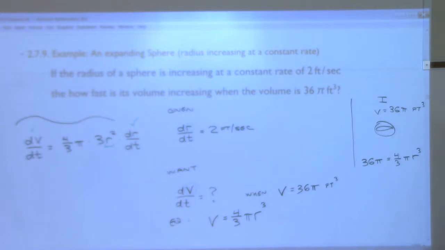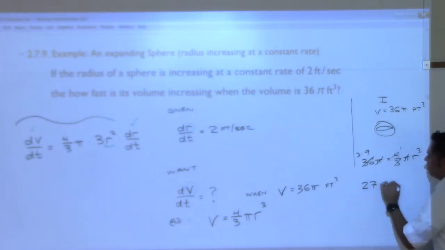So what should I do here to solve? Cancel the pi's, divide by pi on both sides. How about divide by 4? If I divide by 4, what do I get? Divide that by 4? 9? And then multiply both sides by 3. Right? 27 is r cubed.